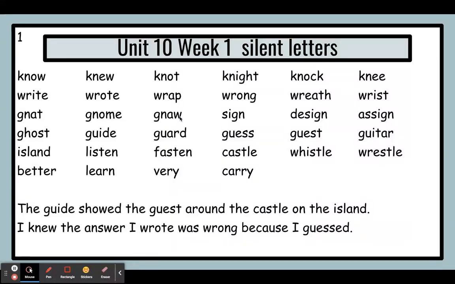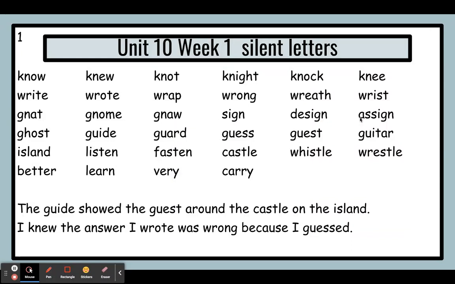N-A, gnaw. S-I, sign, sign. This one has the base word, or the root word, sign, and the first syllable, D. So we have D, sign, design, design. This word also has that root word sign, and the first syllable is a schwa sound.